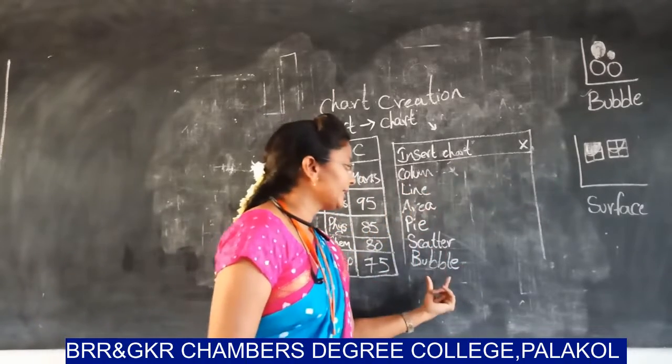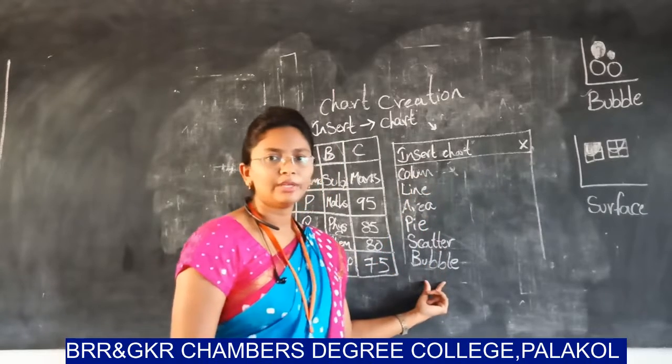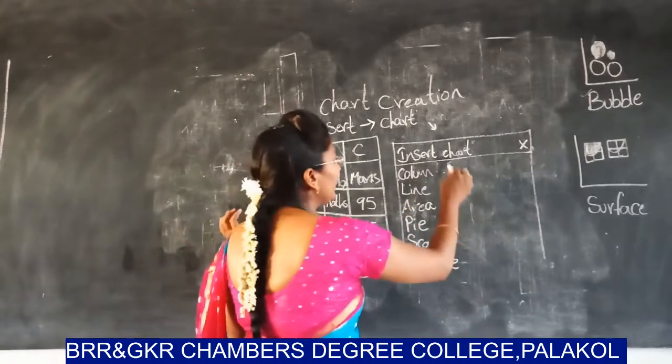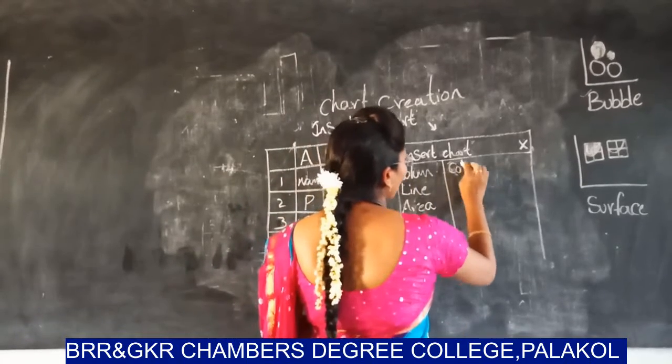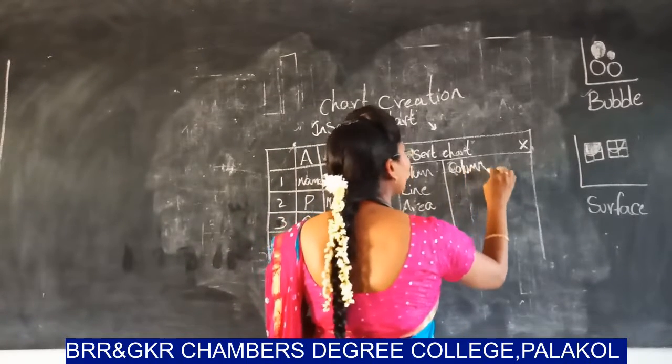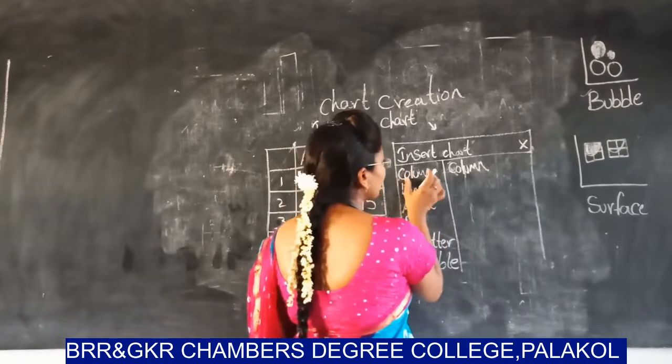Whatever chart types are available in your Excel sheet, that charts list will appear at the left hand side. If you click on column then column, or if you don't click on column then automatically at the right hand side first is the column chart.